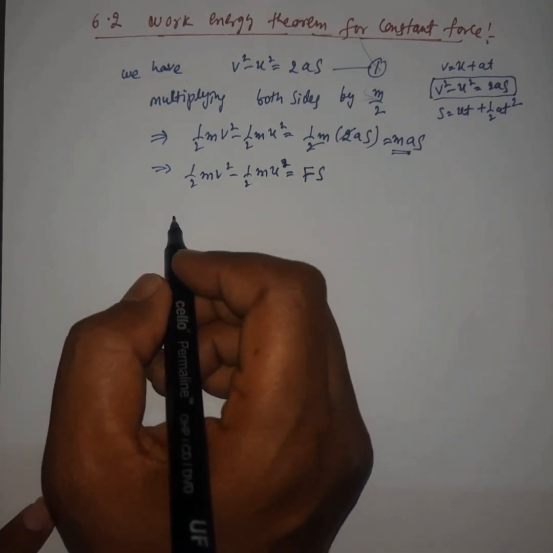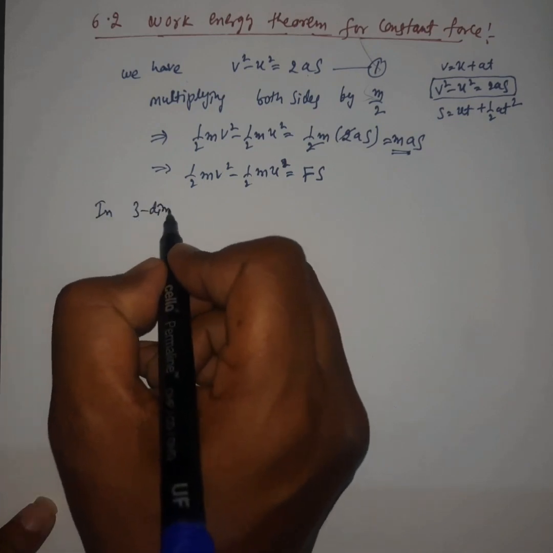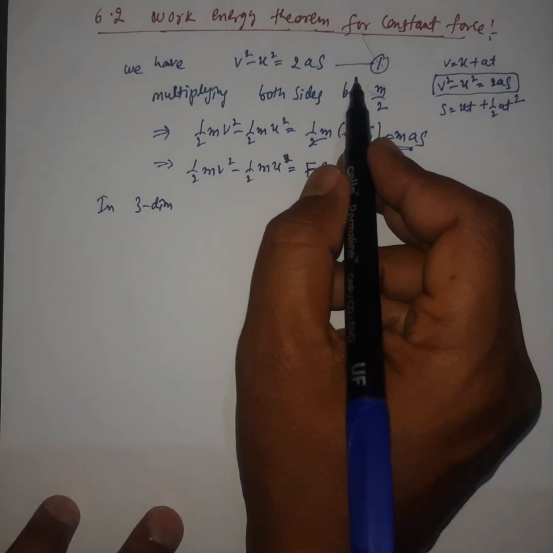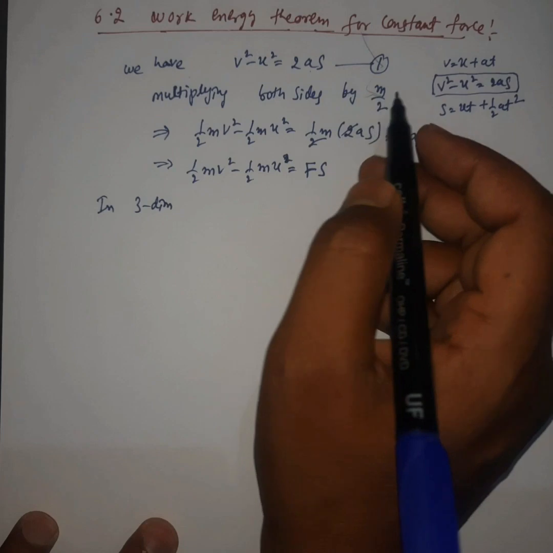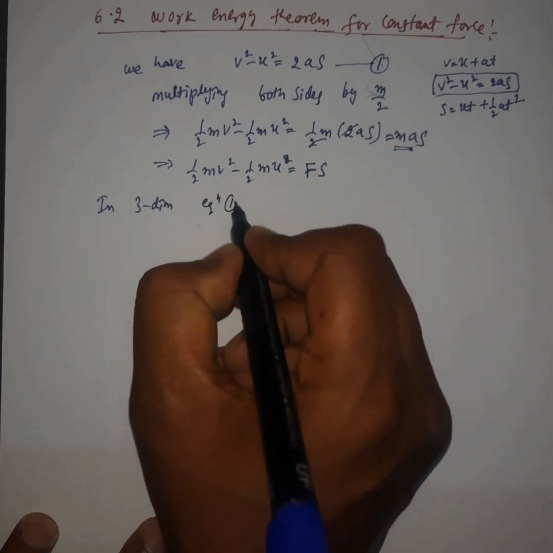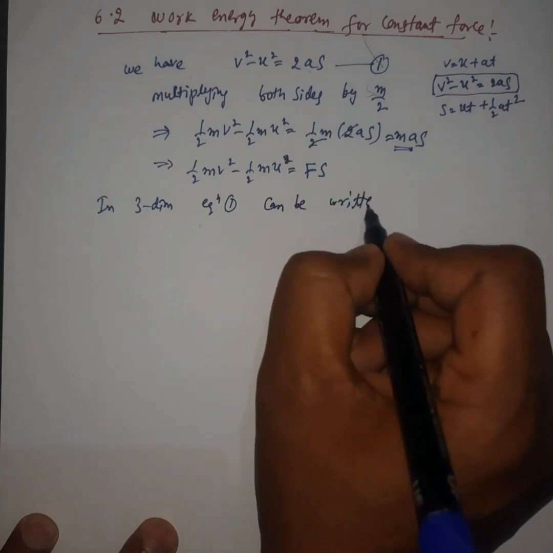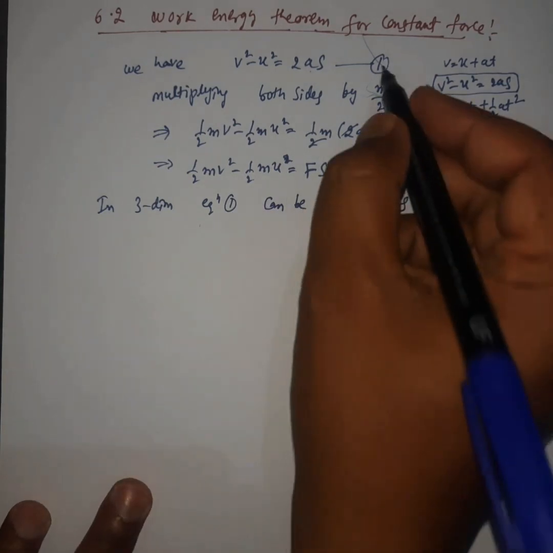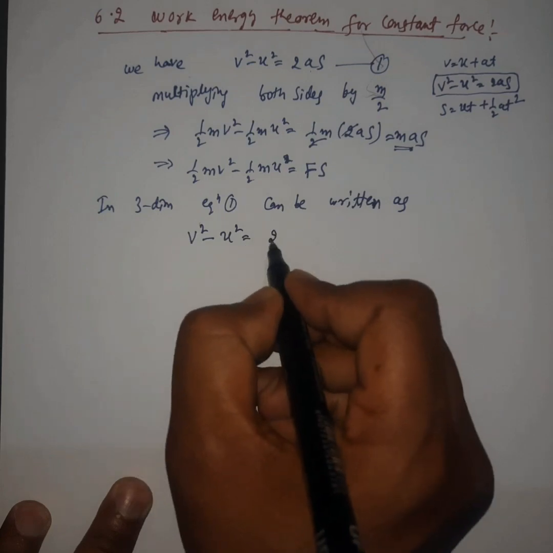So in three dimensions, in vector notation, equation 1 can be written as v square minus u square is equal to 2 a bar dot d bar.